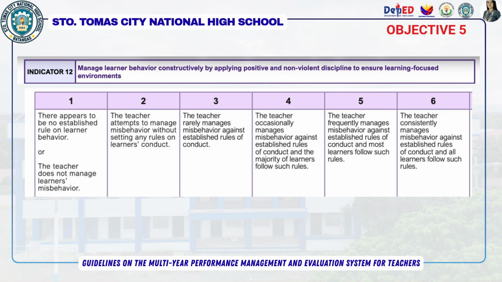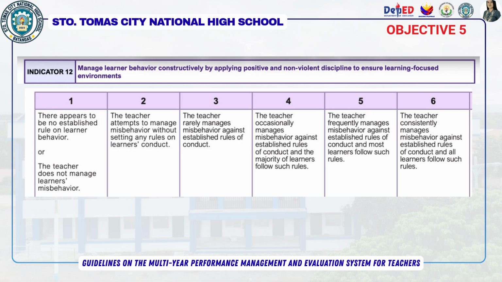Objective 5 or Indicator 12 in the PPST: manage learner behavior constructively by applying positive and non-violent discipline to ensure learning-focused environments. Objective 5 focuses on constructive behavior management. This requires applying positive and non-violent discipline to maintain a learning-focused atmosphere. The foundation is having established rules.